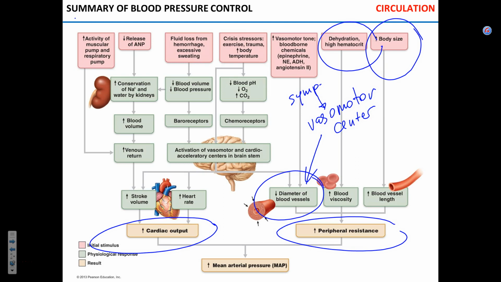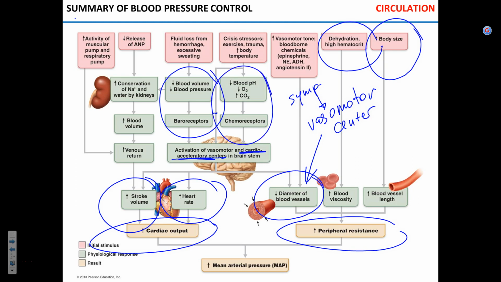Now, what about cardiac output? Basically, two ways to increase cardiac output. You can increase heart rate or stroke volume. How can you increase heart rate? You activate the cardioacceleratory center in response to either low blood volume and blood pressure or abnormal blood chemistry: acidosis, hypercapnia. I'm going to introduce this term.